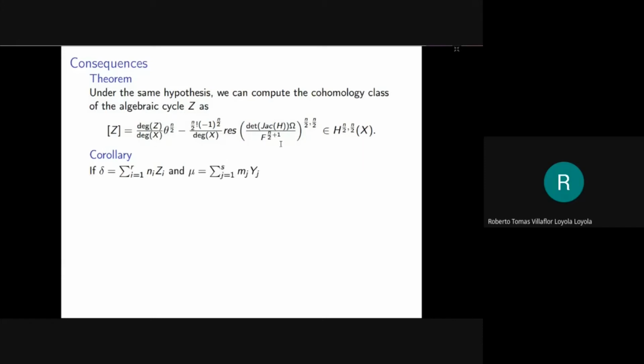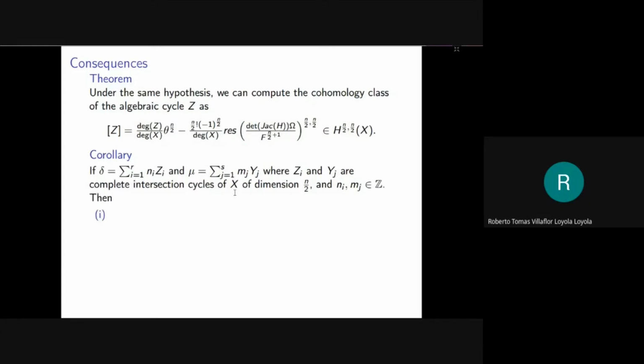So consider two algebraic cycles, delta and mu, which are just a combination of cycles Ci, Yj with integer coefficients, and we will assume that these prime algebraic cycles that we're considering here are of dimension n/2, and moreover that they are complete intersection cycles.